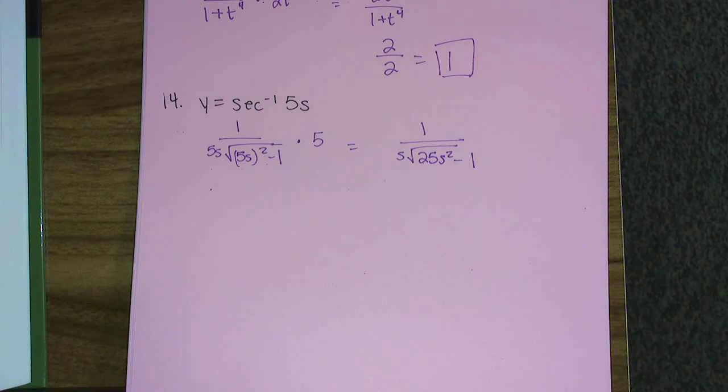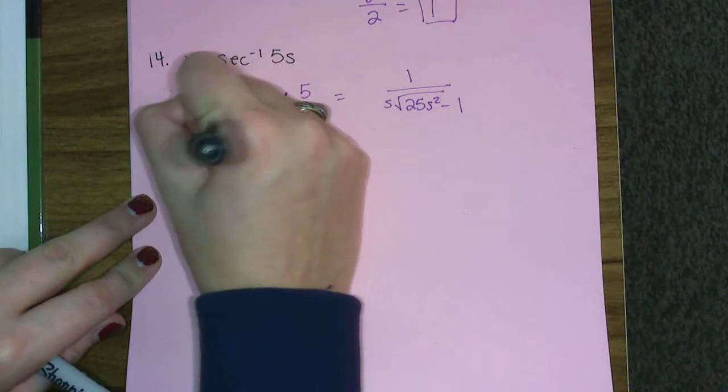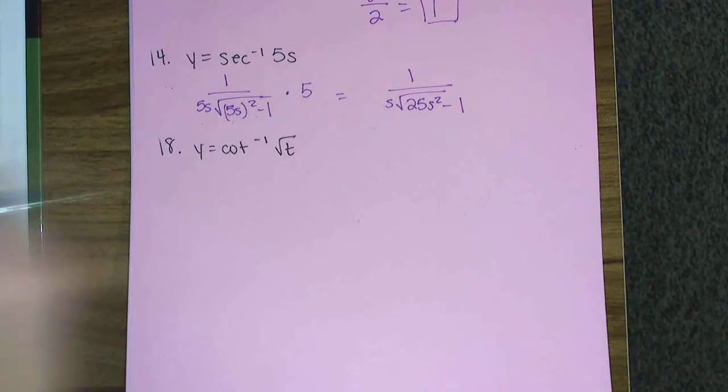Alright, let's see. How about a cotangent one? Let's look at 18. So y is equal to the arc cotangent of the square root of t.